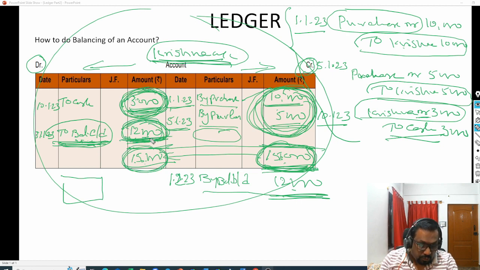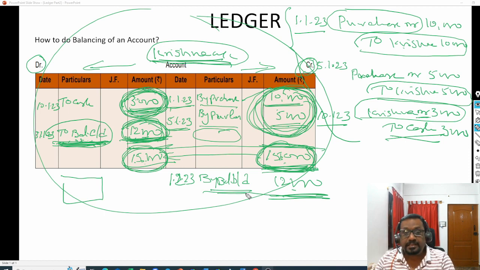This 12,000, you need to name it as to balance carried down. Why? What is the meaning of to balance carried down? I am carrying forward this balance to the next period because I am yet to pay this 12,000 rupees to Krishna. That is the meaning of to balance carried down. Then once this carried down shows how much I am supposed to carry forward in the current month, I need to bring this balance as opening balance for the next period.